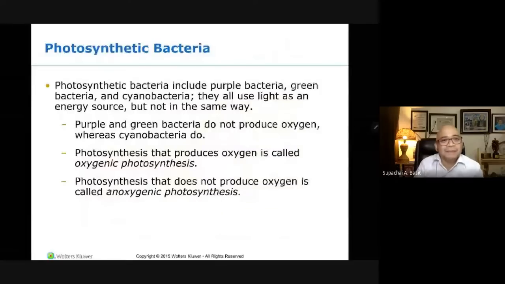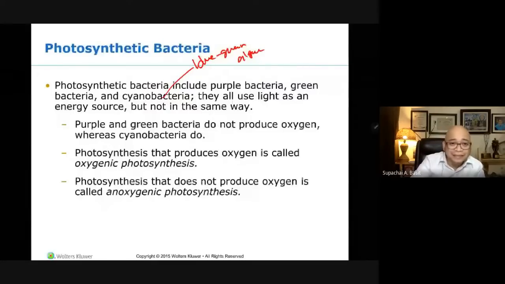So let's talk about photosynthetic bacteria. Photosynthetic bacteria include purple bacteria, the green bacteria, and the cyanobacteria or the blue-green algae. So they all use light as an energy source, but not in the same way. For example, purple and green bacteria do not produce oxygen, but cyanobacteria do.